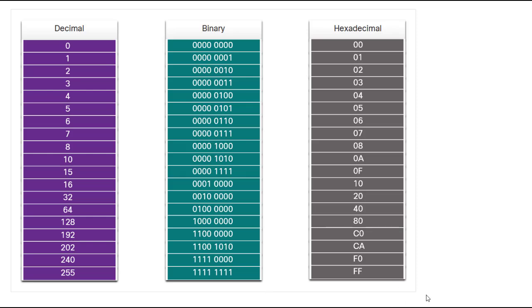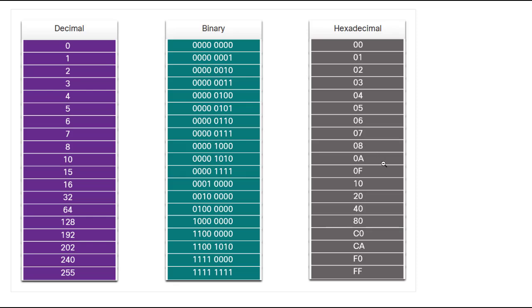A common binary grouping is 8 bits, also known as an octet, or 1 byte. The figure shows some of these alongside their decimal and hexadecimal equivalents. Notice the leading zeros used as placeholders in the hexadecimal 8-bit representation.